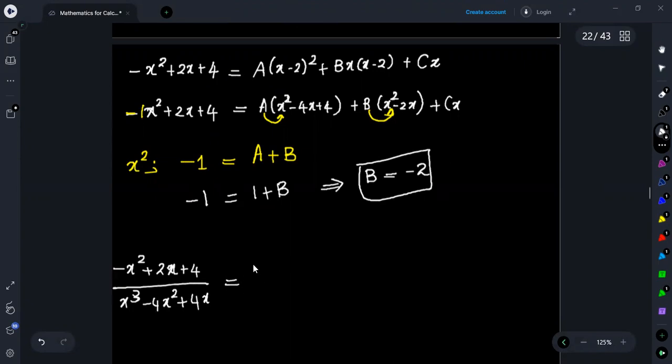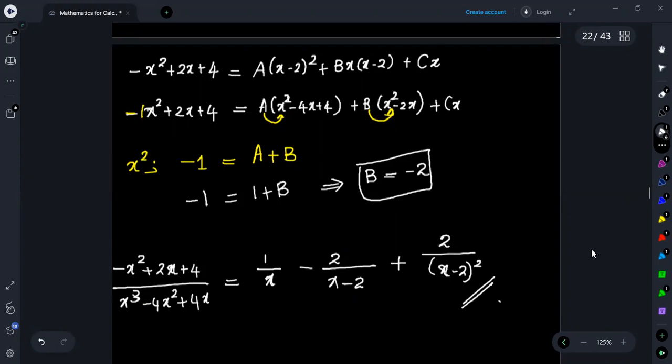So the value of a is 1 over x, the value of b is minus 2, so minus 2 over x minus 2, and the value of c is 2 over (x minus 2) to the power 2. So this is the answer for this example.